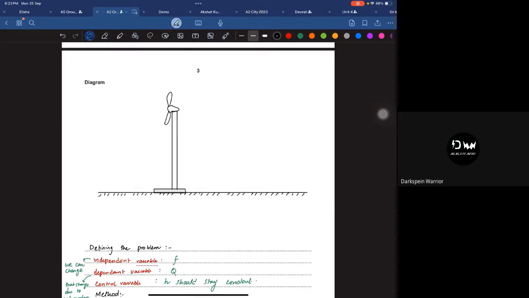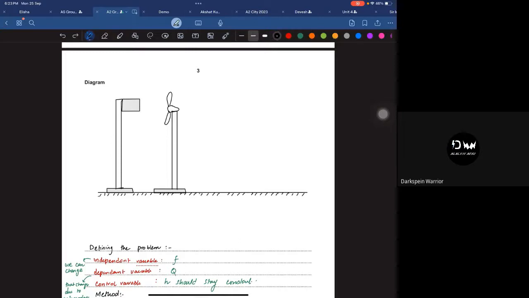And obviously I want to have a blower or a fan that I can control. If you do not know how to draw a blower, you can simply make a box and label that box. Alternatively, you can also put a fan.